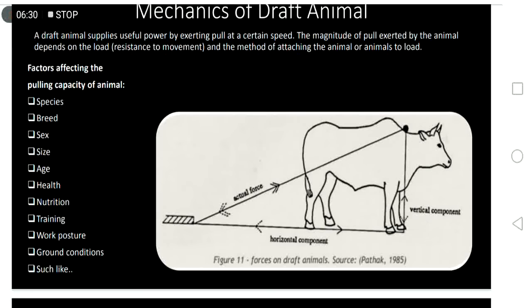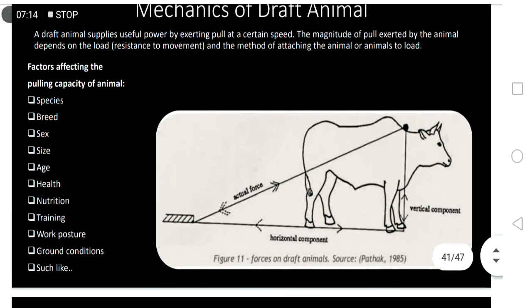Also, the sex of the draft animal. Maybe the female and male animal differ in capability in terms of power. Then the size and age. The younger draft animal is different from the older animal; the younger might produce greater power than the older one.